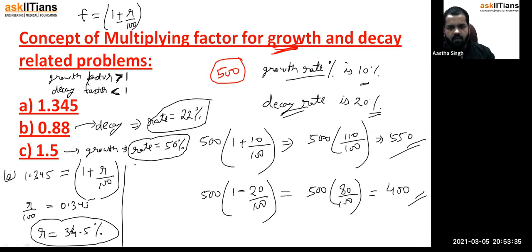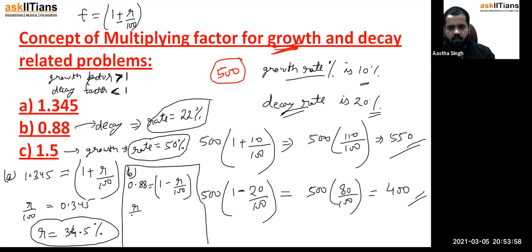I'm solving B. C is solved as just like A, right? So I'm solving B. It is given as 0.88. It is less than 1, so it means it has decay. And what is the decay factor? 1 minus r upon 100.